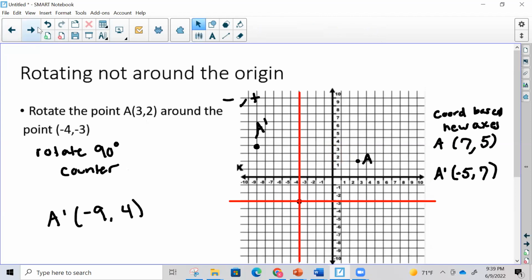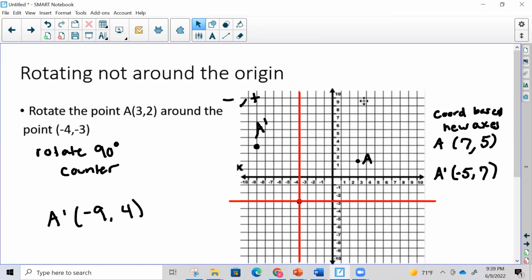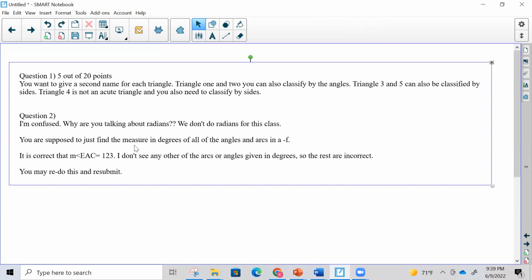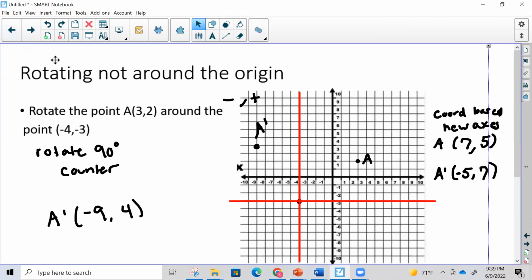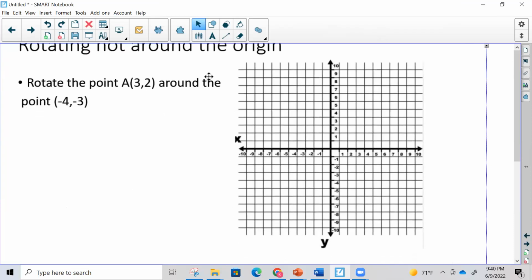Let me do one more. I'm just going to do different directions, but use this graph.